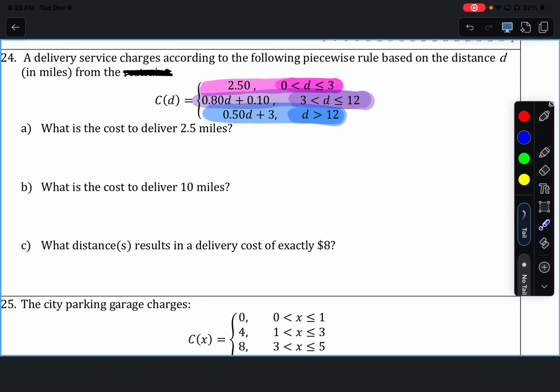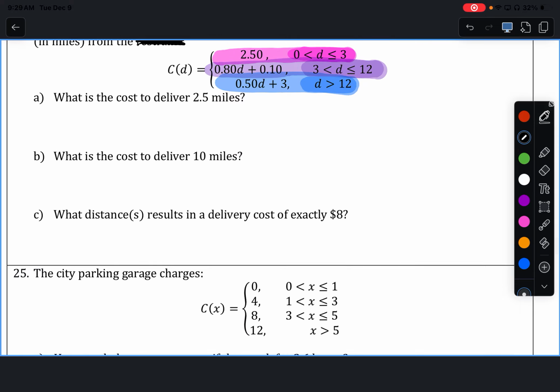It is just always $2.50. So we're going to set up two equations. We're going to do the second one: 0.80 D plus 10 equals 8. And we're going to do 0.5 D plus 3 equals 8. And we're going to see which of those works.